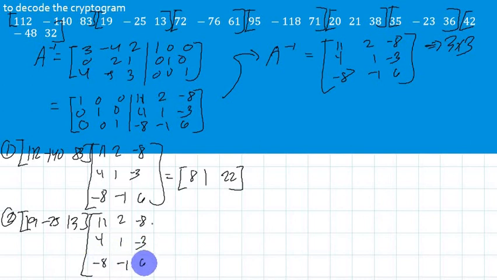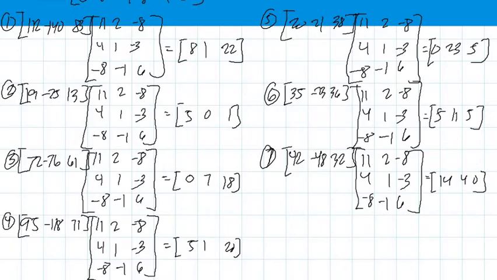There you go. We are going to have the numbers 5, 0, 1. Let's now show for the other row matrices. And there we go. We have our decoded numbers already.